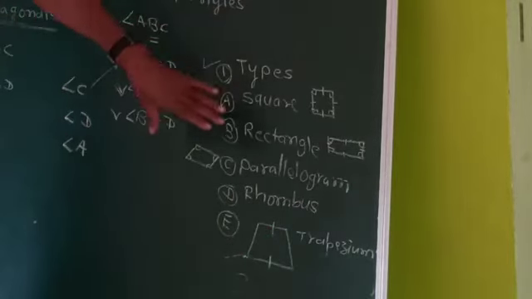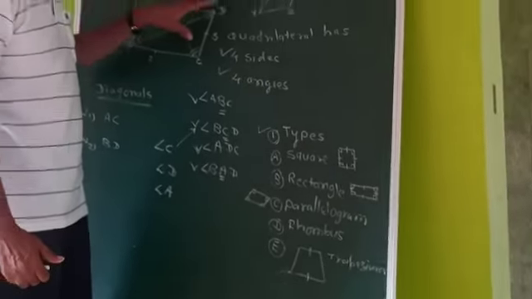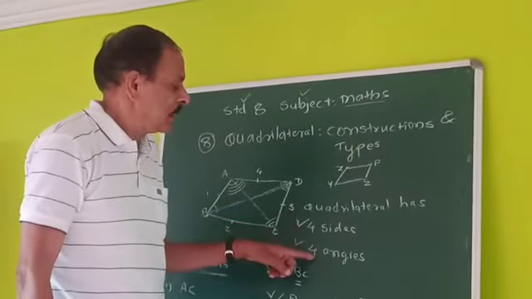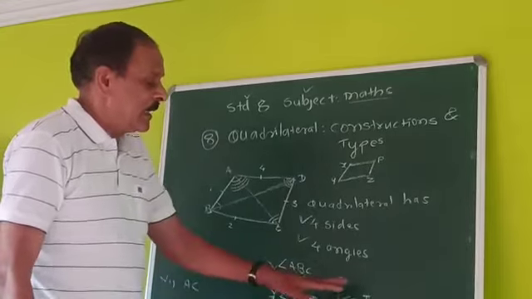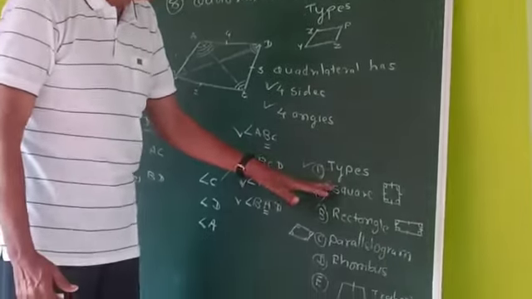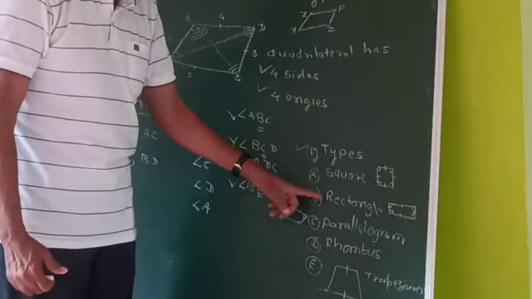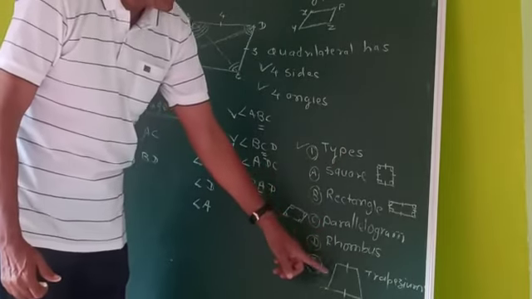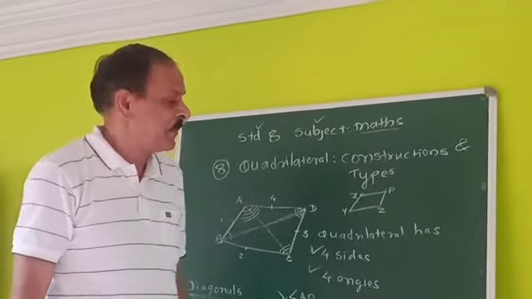So in this way, we have learned the quadrilateral and its different parts, 4 sides, 4 angles, and 2 diagonals. Now, while studying these kinds of quadrilateral: square, rectangle, parallelogram, rhombus, and trapezium. Last is trapezium.